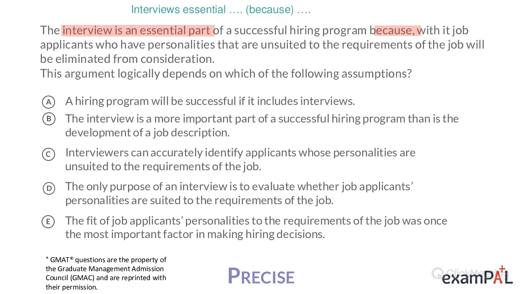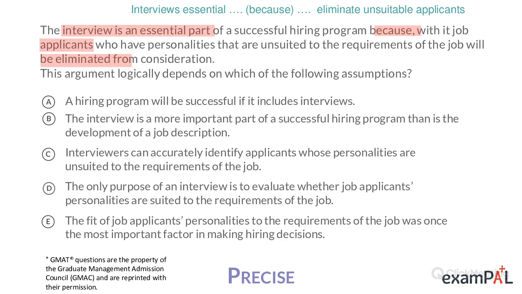And then there's the linking word, because. That's really important, and we'll jot that down. So interviews are essential because, and then summarizing the rest of the passage, they're important because they help us eliminate unsuitable applicants. This is the basic logical structure of the passage, where we condensed the three lines into three logical parts.